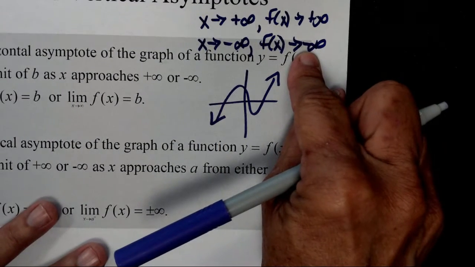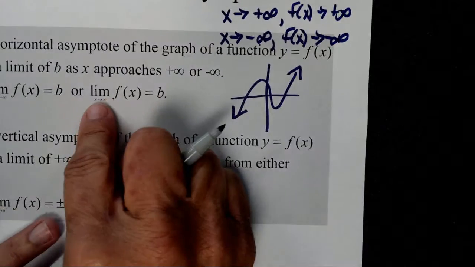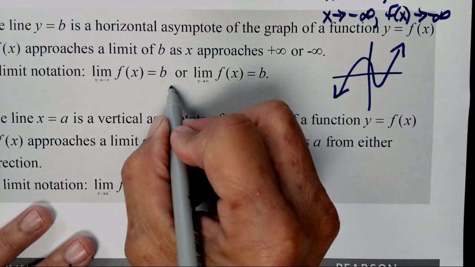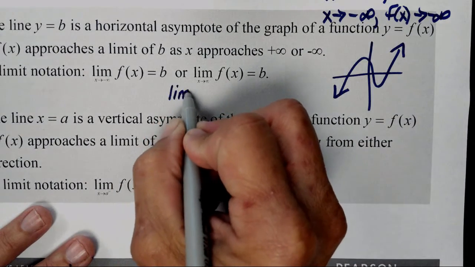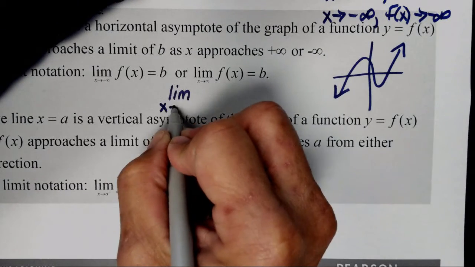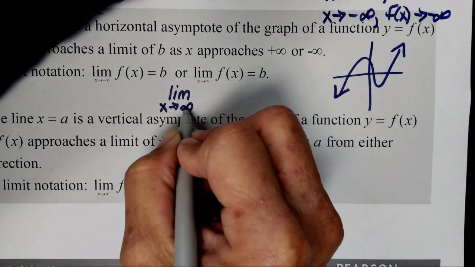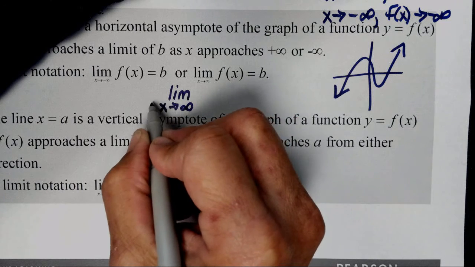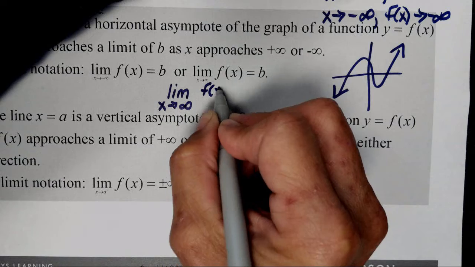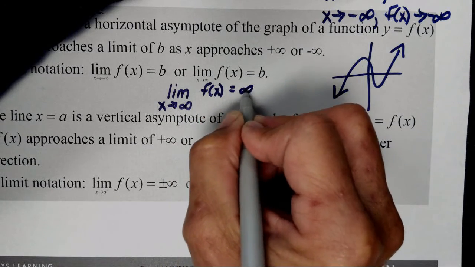Well, we are writing the same thing. We're just using this notation of limit. So I'm going to write the word limit. This goes under the word limit, and they're not going to put a positive for positive, so it's just going to say as x approaches infinity, and then I'm going to say f of x equals infinity.